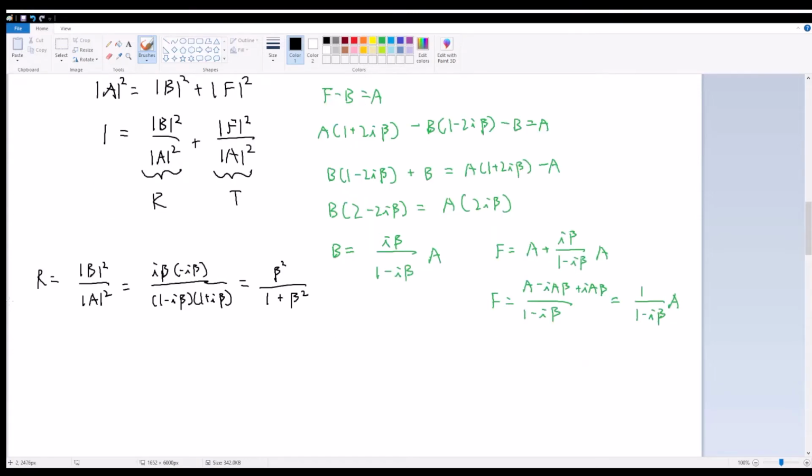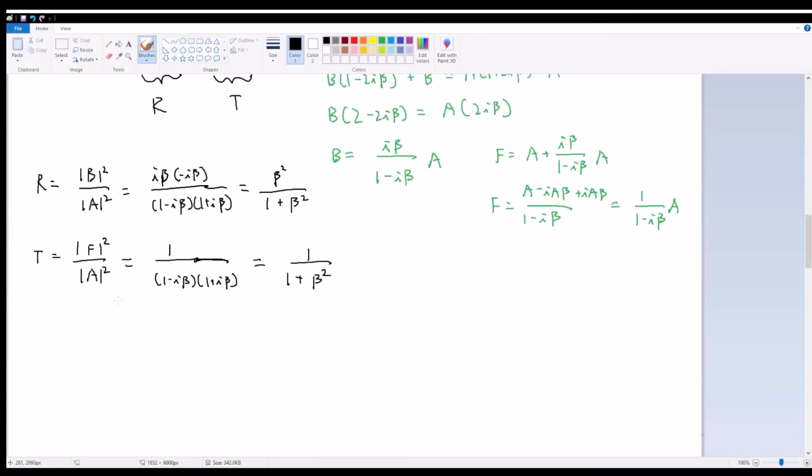Similarly, the transmission coefficient is |F|² divided by |A|², which gives 1 over (1 minus iβ)(1 plus iβ), and the |A|² cancel to 1. This gives us 1 over 1 plus β². So these are the probabilities of the particle either getting reflected back, or managing to transmit across the well to the positive side.